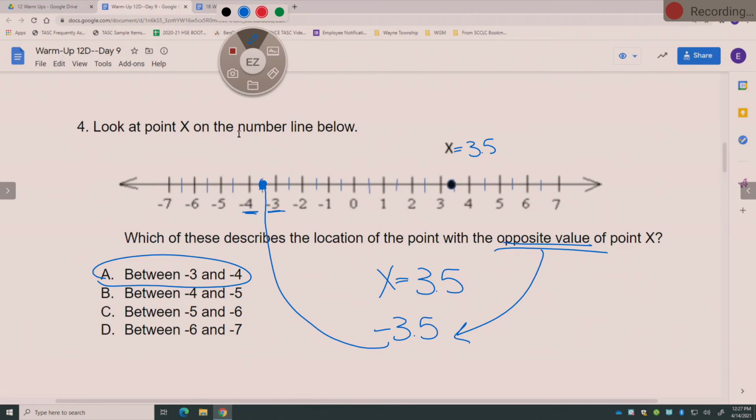Opposite value means opposite sign. So I have a positive 3.5 in the beginning. My opposite is a negative 3.5, which is over here.